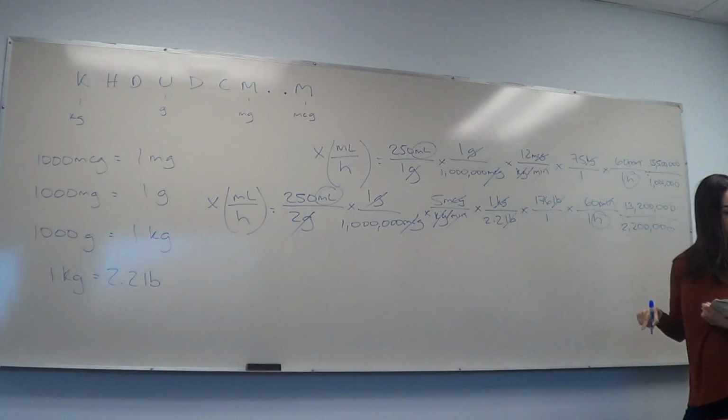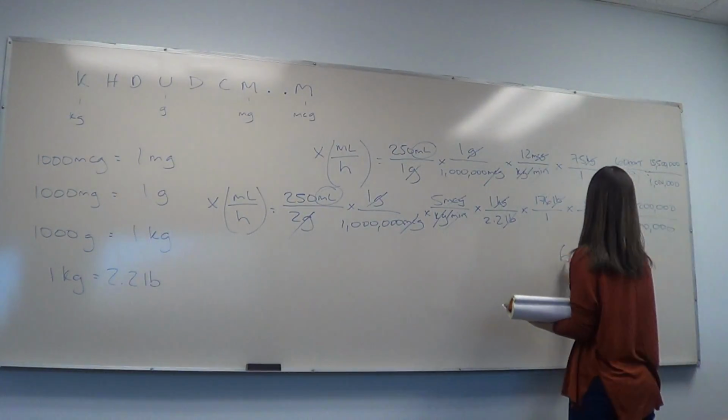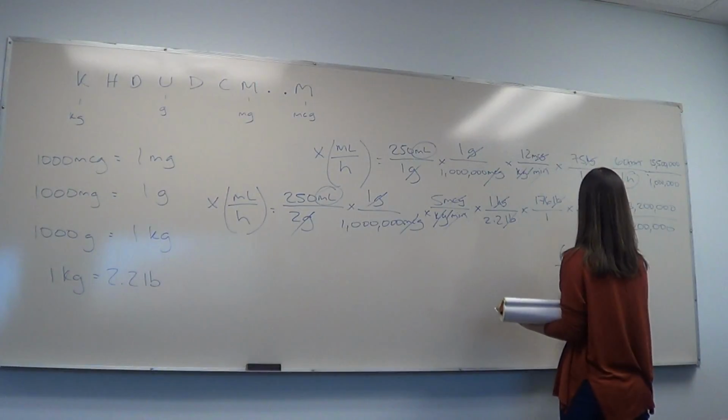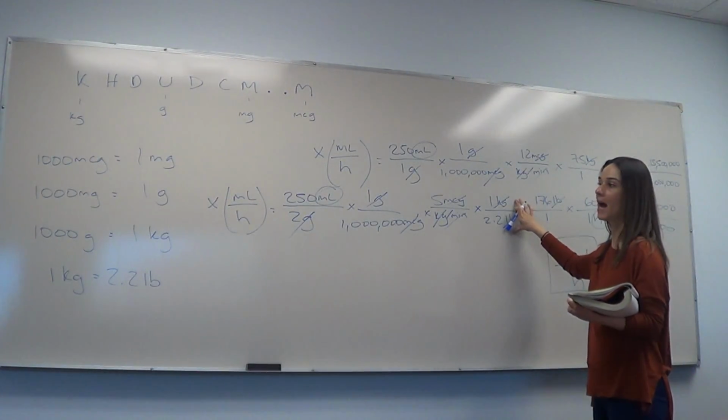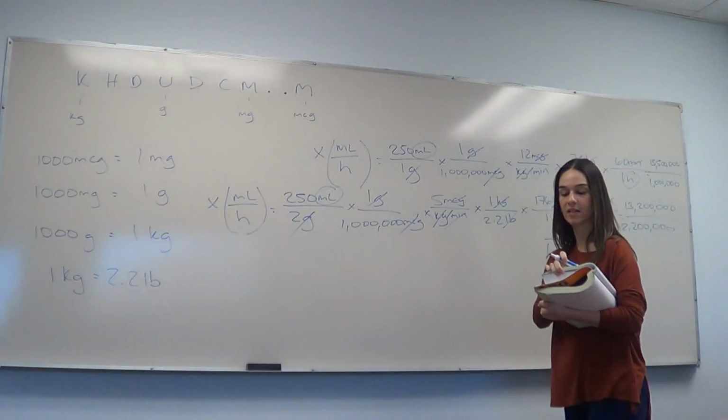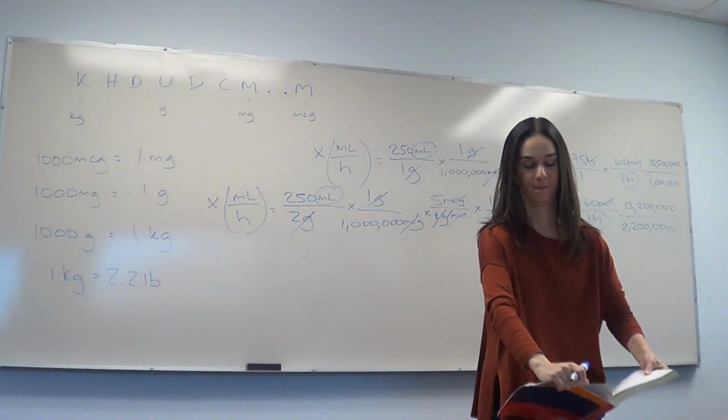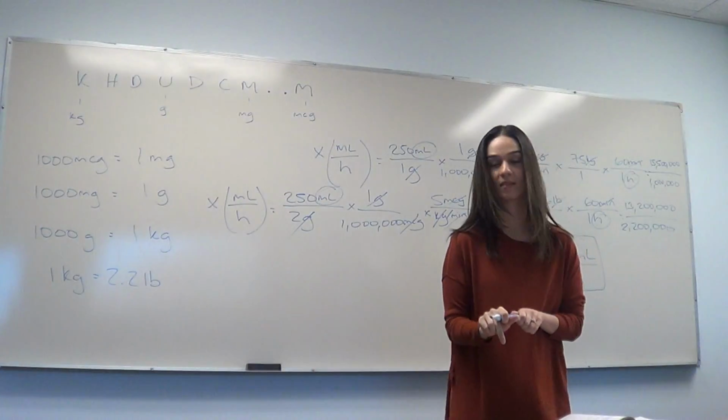And when we do that math, it works out to 6 mLs per hour. And that is how we manipulate pounds if our client's weight is given in pounds. All right. Thank you very much.